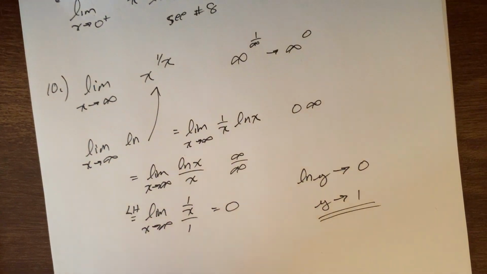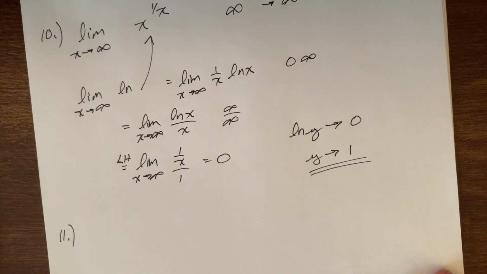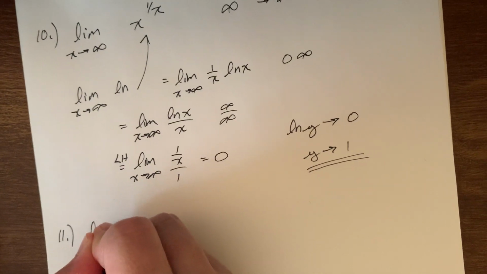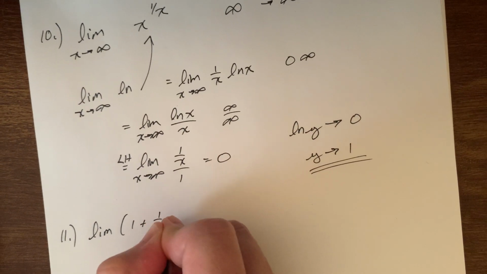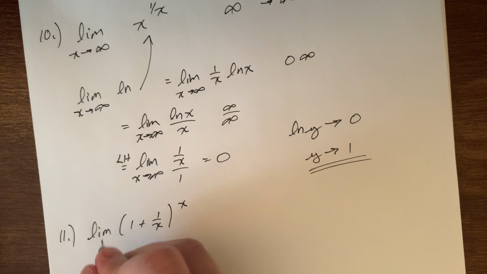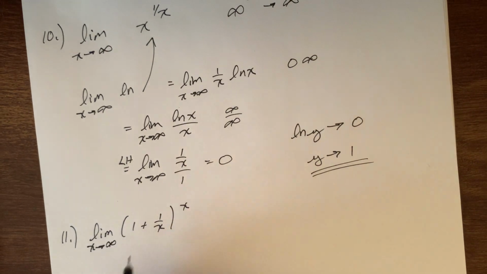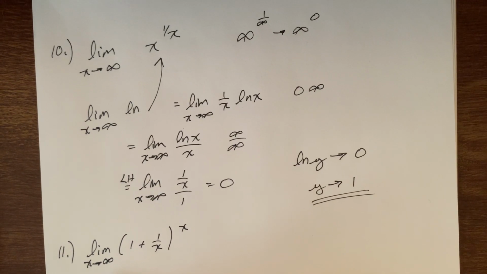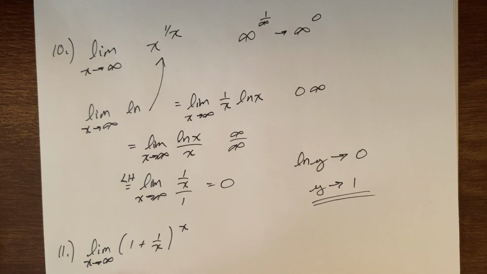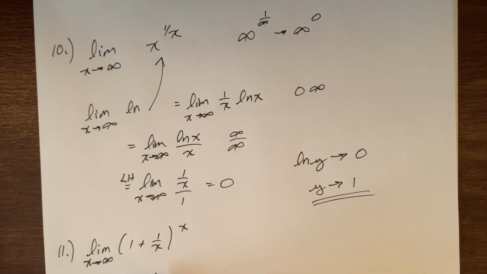Number 11, save the toughest one for last. The limit of 1 plus 1 over x to the x as x goes to infinity. Maybe that looks familiar because if you go back in section 6.2, we introduced this as the definition of e.